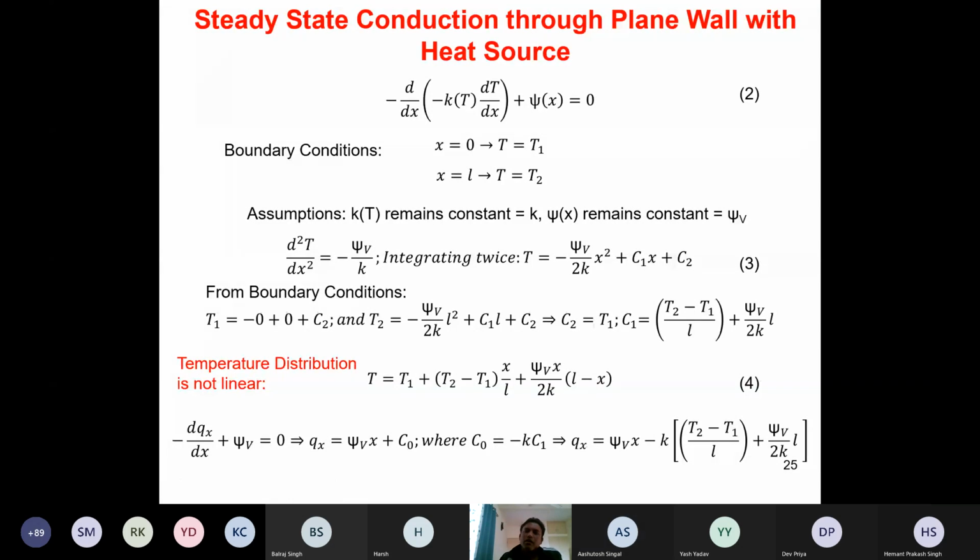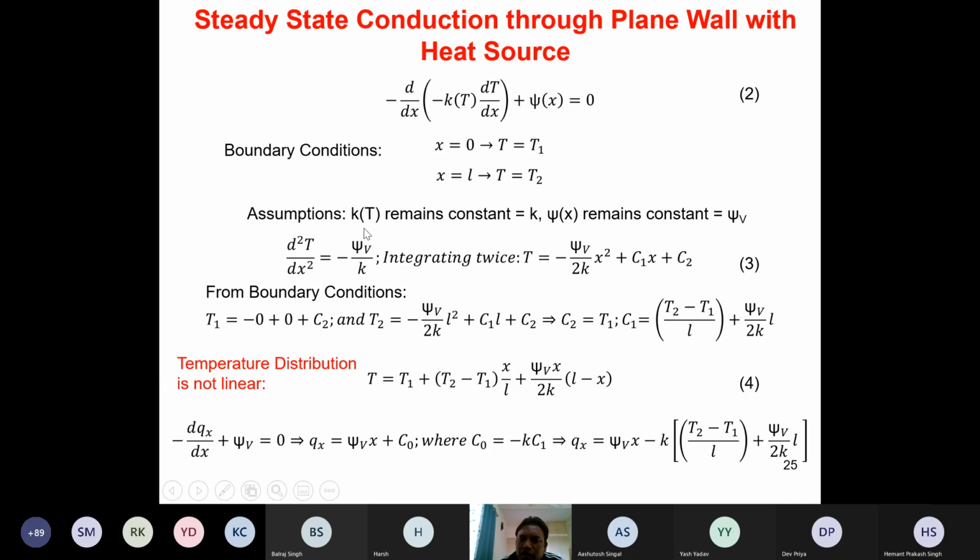Okay, so this is expression number 2, the generalized expression where we assume that the thermal conductivity is also a function of temperature, and also the volumetric rate of heat generation psi is a function of x.